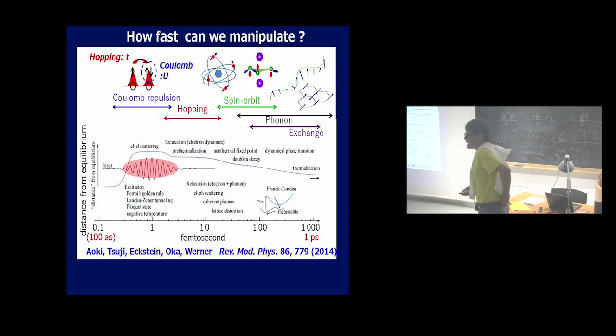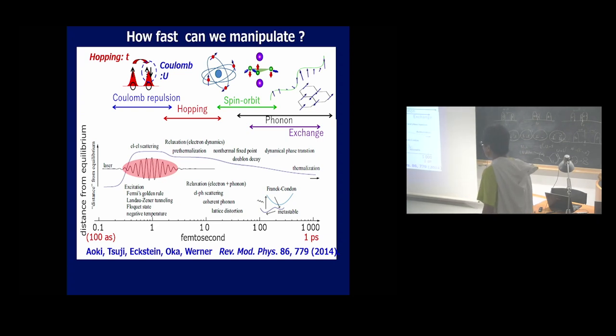However, to understand the microscopic nature of this macroscopic symmetry breaking, we need to capture these time scales from 100 femtoseconds to several tens of femtoseconds. That is a key point for my talk.